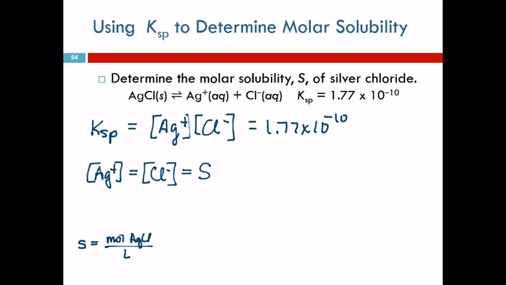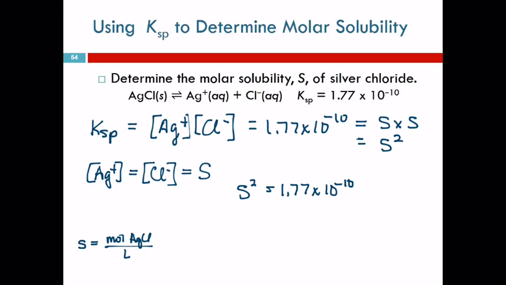So what I can do is put S in for Cl minus, and put S in for Ag plus. And then that is S times S, which is S squared. So S squared equals 1.77 times 10 to the minus 10.